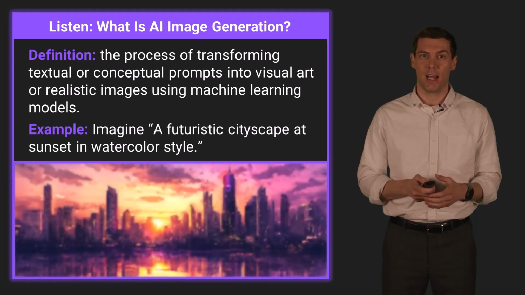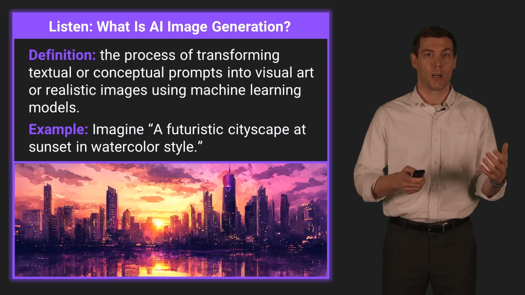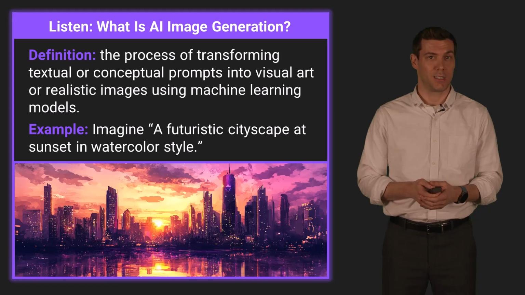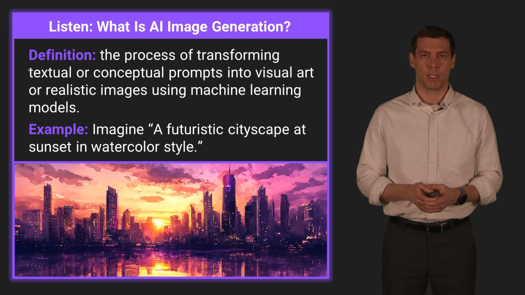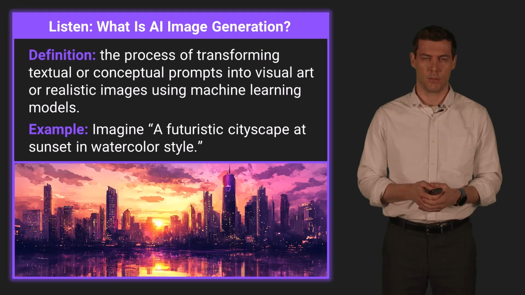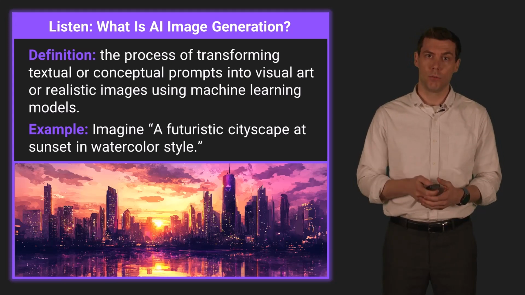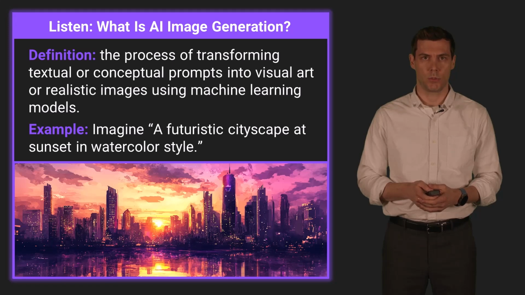Within seconds, the AI generates an original watercolor painting of exactly what you've described, complete with the glowing buildings, a colorful sky, and a creative artistic touch. AI image generation makes visual creativity accessible to everyone, regardless of your artistic skills. It brings your imagination to life instantly, giving you a powerful new way to communicate your ideas visually.